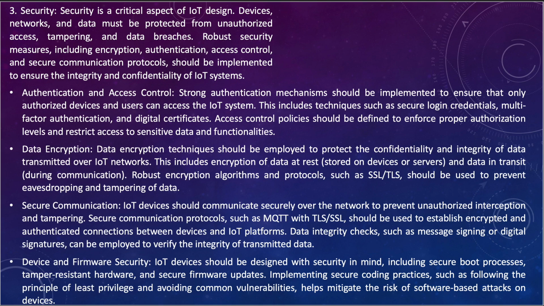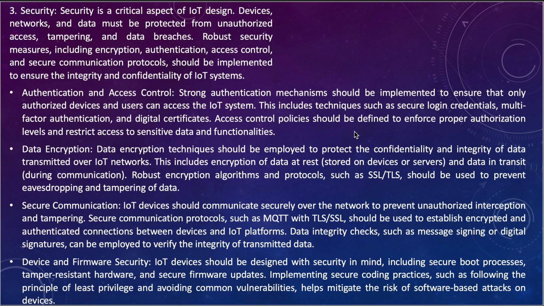Now let's get on to the features that should be there in IoT systems for security. First point when coming into security is authentication and access control. Strong authentication mechanisms should be implemented to ensure that only authorized devices and users can access the IoT system.